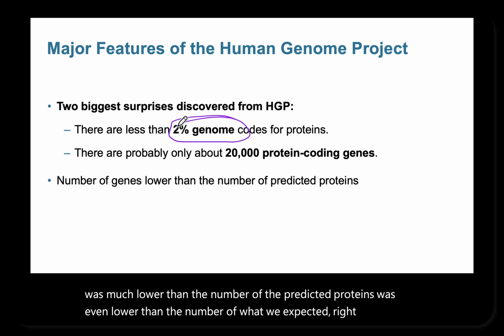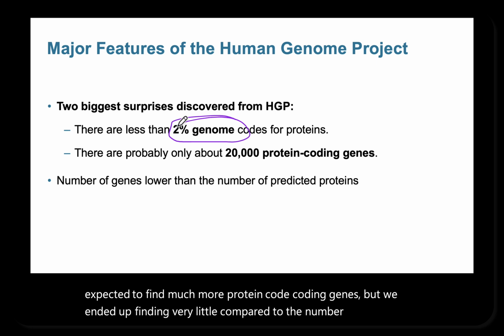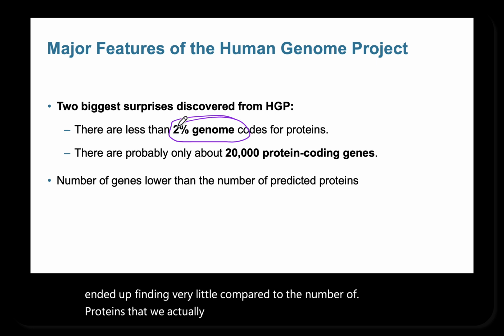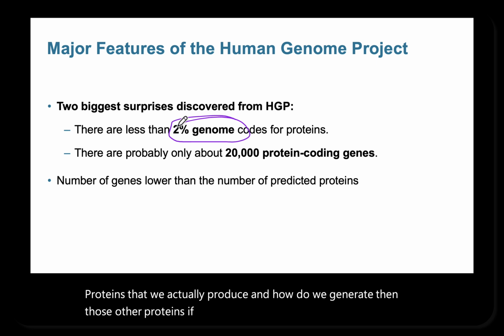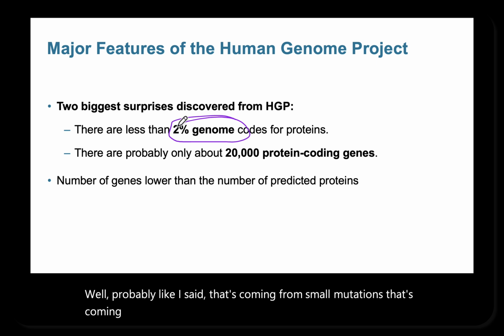We expected to find much more protein coding genes, but we ended up finding very little compared to the number of proteins that we actually produce. And how do we generate then those other proteins if we only have 20,000 protein coding genes? Well, probably, like I said, that's coming from small mutations, that's coming from transposon elements inserted in the DNA, or that's coming from, for instance, recombination of the chromosomes.